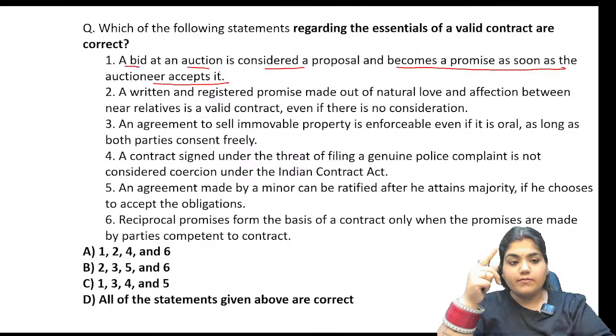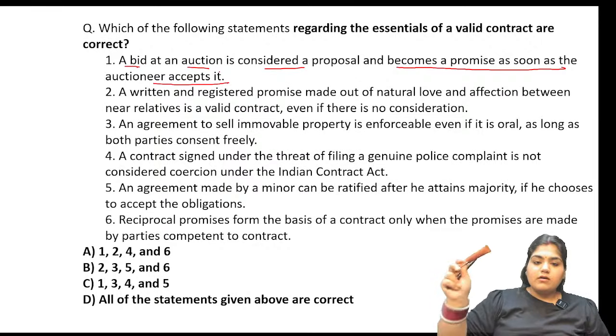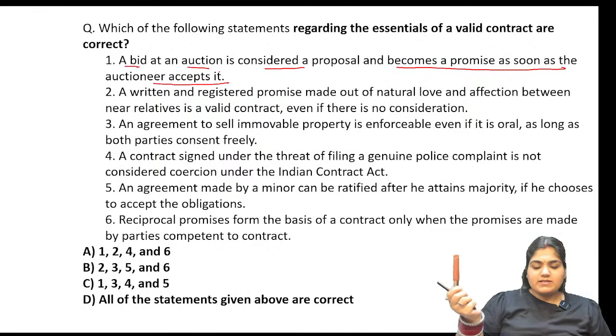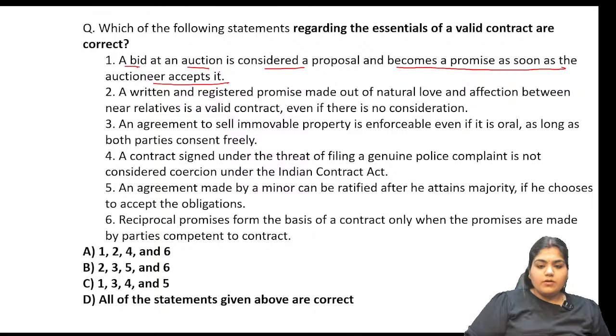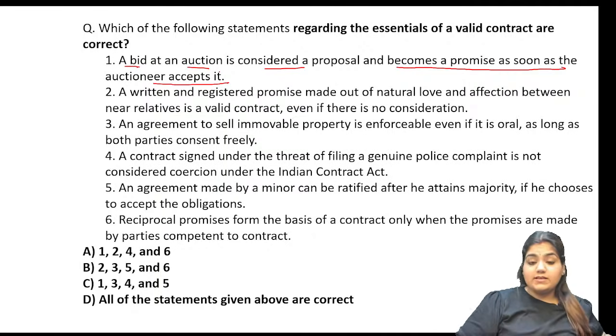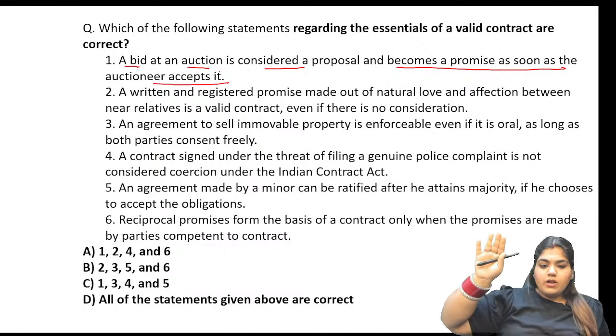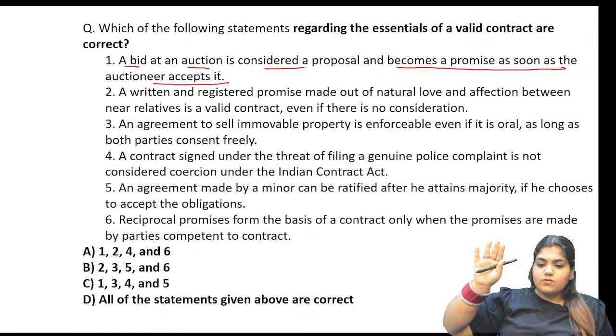Let's suppose you are at an auction, okay? There is an auctioneer who has priced a good that you want to buy. You put your hand up, you ask for the amount, you put your bid.